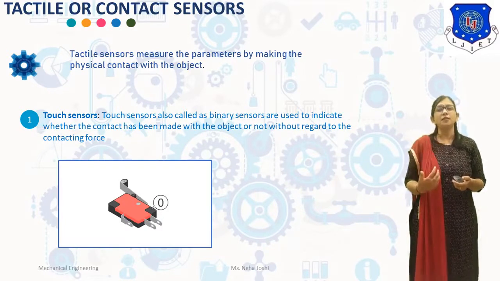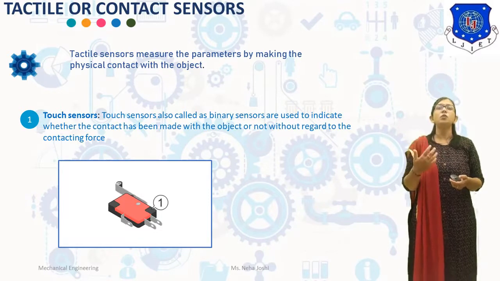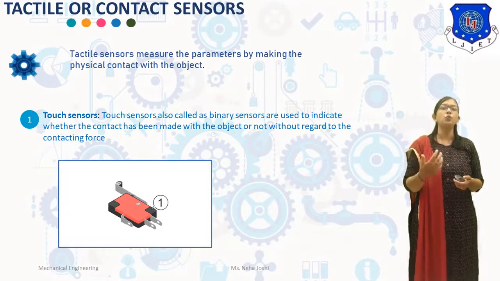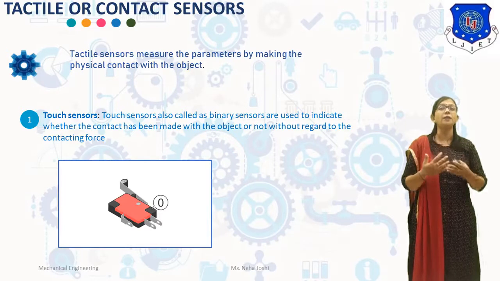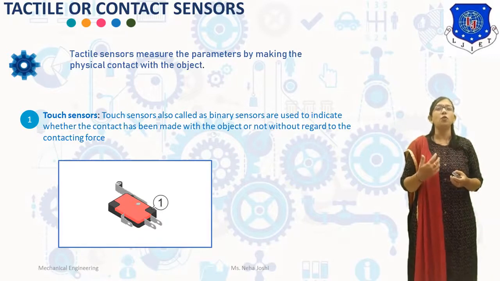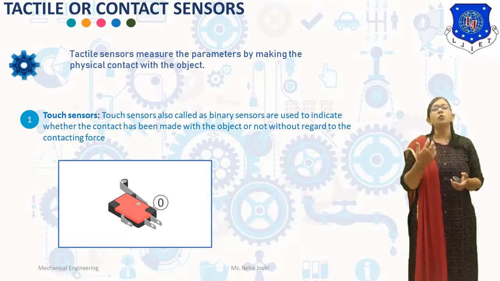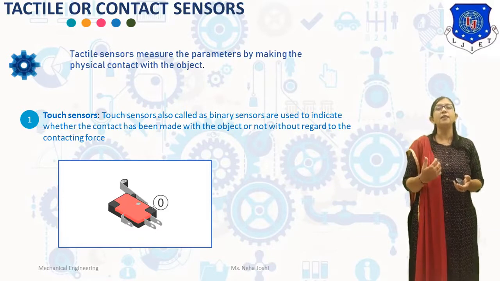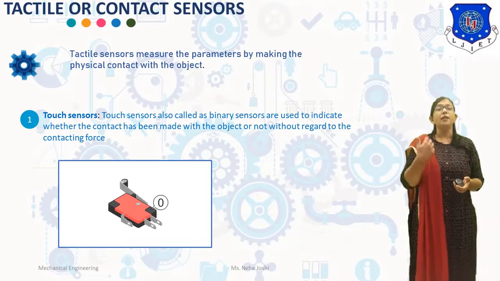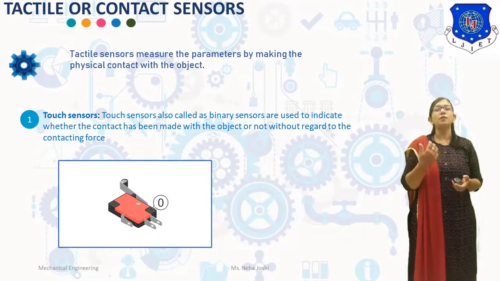Now, what is a touch sensor? Touch sensors, also called binary sensors, are used to indicate whether contact has been made with the object or not, without regard to the contacting force. This sensor indicates and responds to the presence or absence of an object. They provide a binary output signal. Limit switches and micro switches are examples of touch sensors.